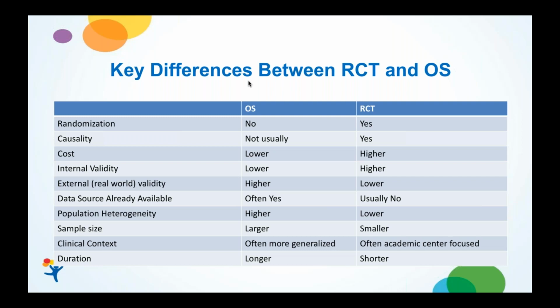And then the other thing that I had never really thought of, but it makes a lot of sense, is that RCTs often have a much shorter duration of data collection because you're trying to control everything about the trial and the participants, and that's harder to do on a longer term, whereas observational studies often allow you longer times to collect data, which can be really beneficial in certain situations.